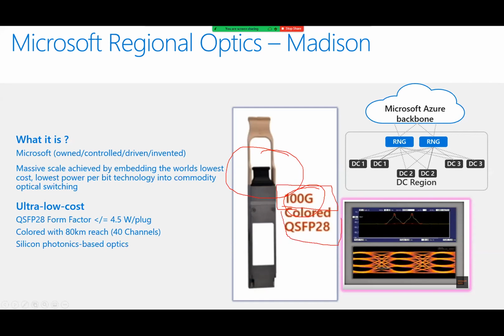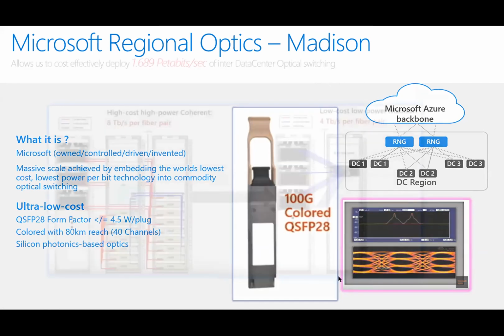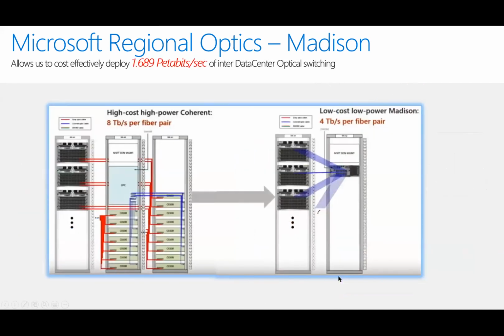But this is a product that Microsoft designed for Microsoft. We buy chassis from partners and then we plug our own SFPs in. How we get to our 1.6 terabits is exactly this way. And with our SFPs, we actually condense it using Madison, because the beauty of that is we can rack and stack them better than what the competitors offer us off the shelf.